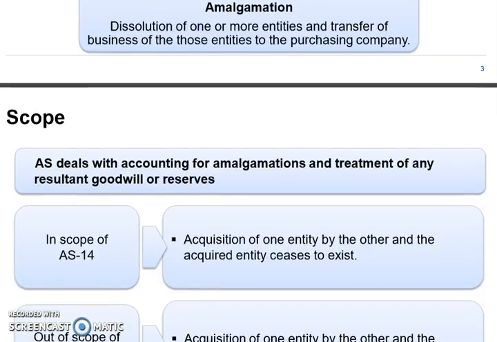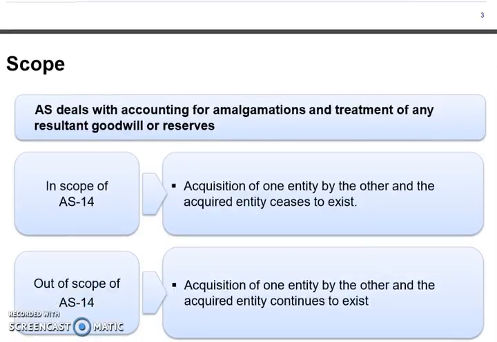So, this Accounting Standard 14 deals with accounting for amalgamation plus the treatment of any resultant goodwill or reserves. In scope would be two companies merged together and a new entity formed, that is amalgamation.